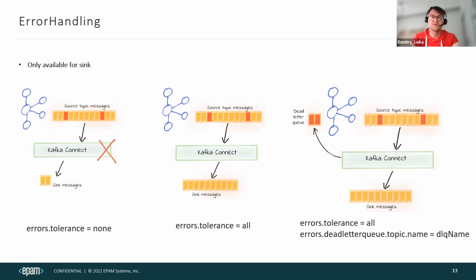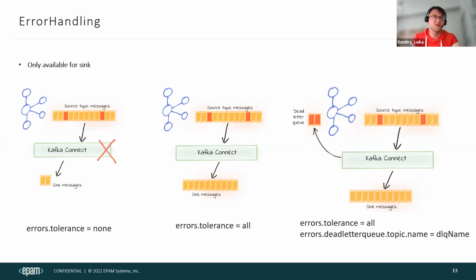That means in the source part you can't do error handling, but you can make some custom implementation, define a DLQ topic, add some source code in your template, and it's possible, but it's a workaround.